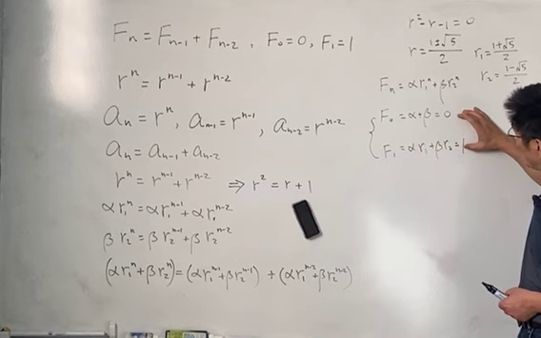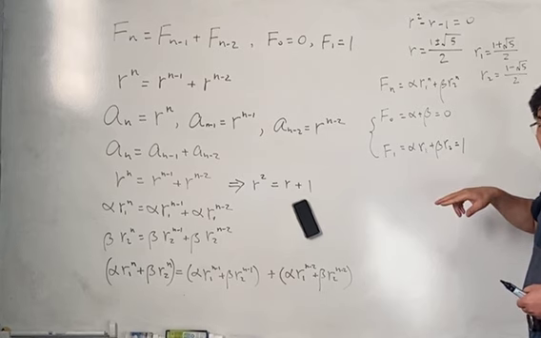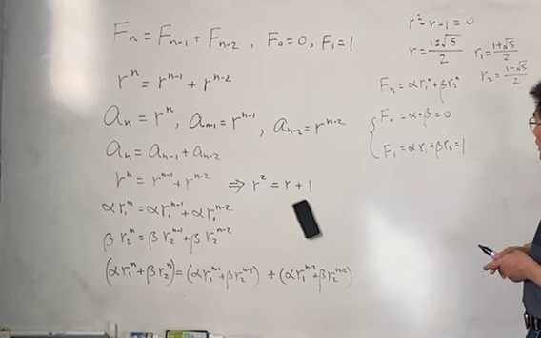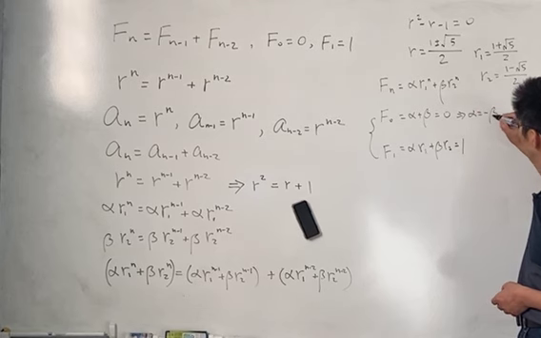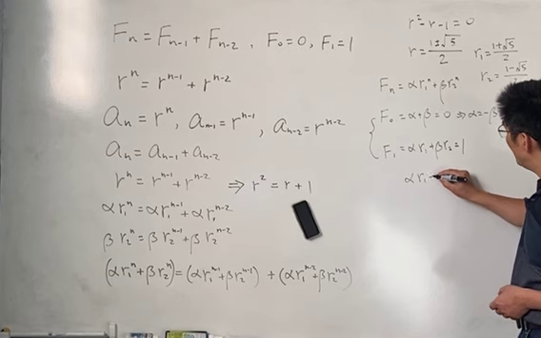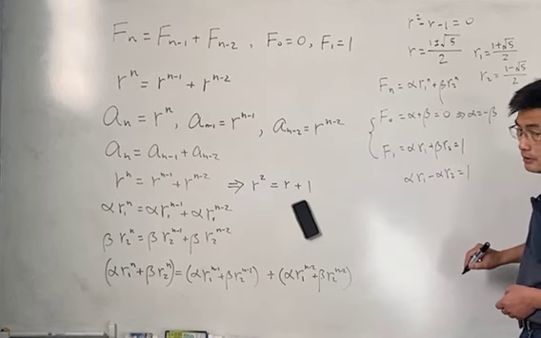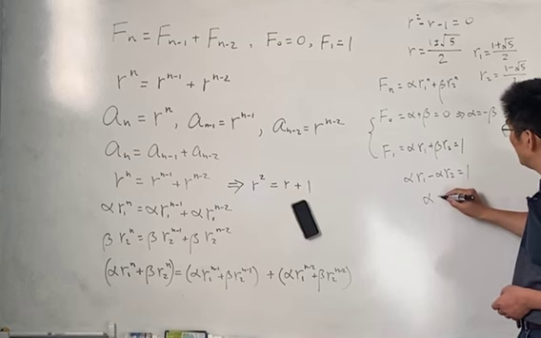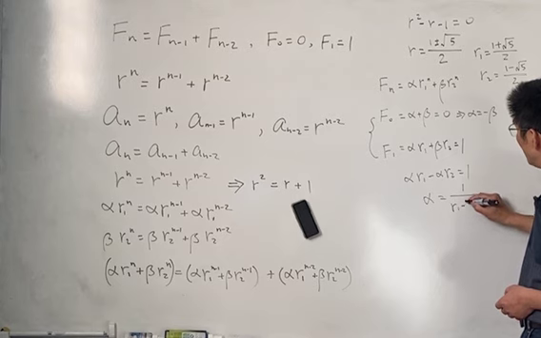We have two equations, two unknowns, so it's solvable. From here, I get alpha equals negative beta, so we have alpha r sub 1 minus alpha r sub 2 equals 1. So alpha equals 1 over r sub 1 minus r sub 2.